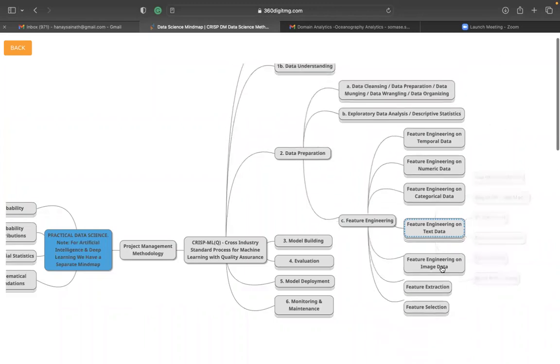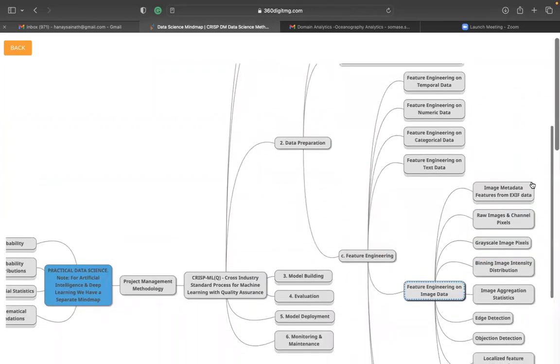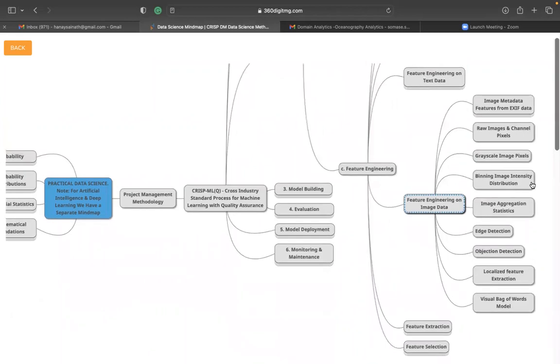And in the image data, what is image data?